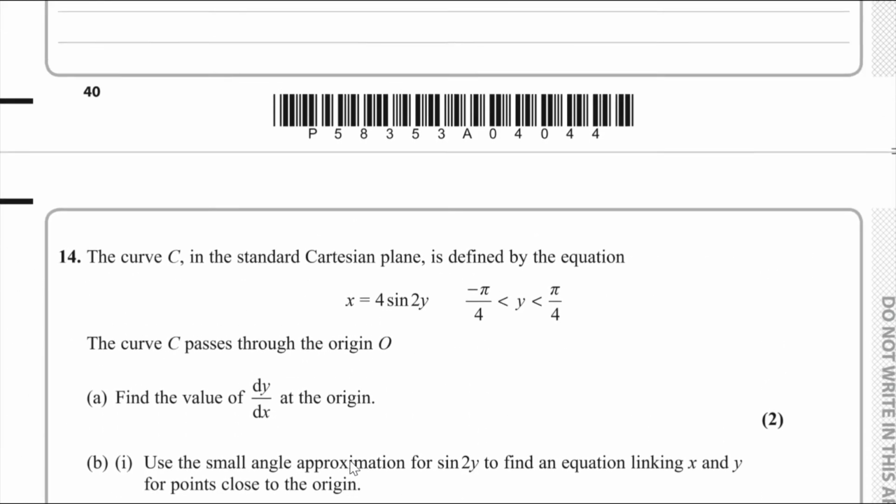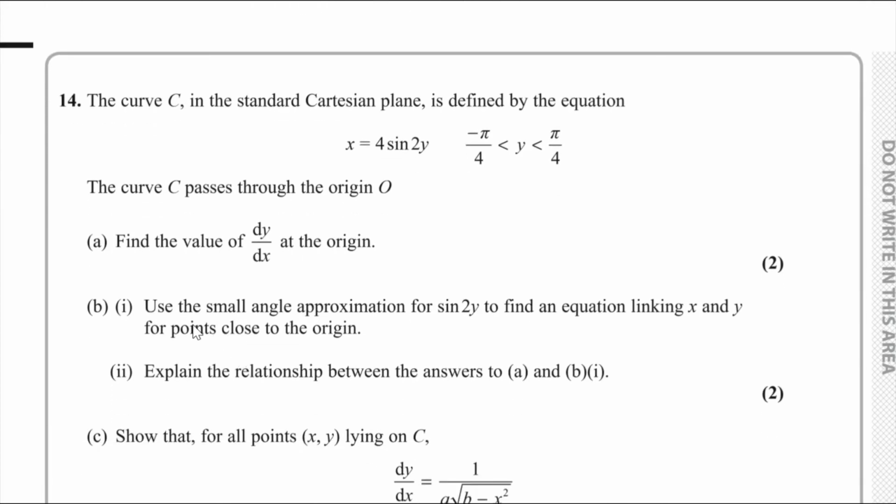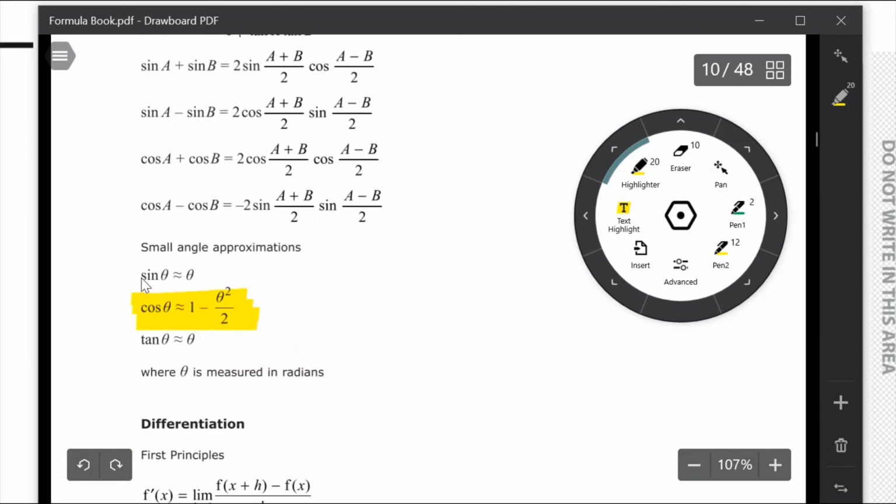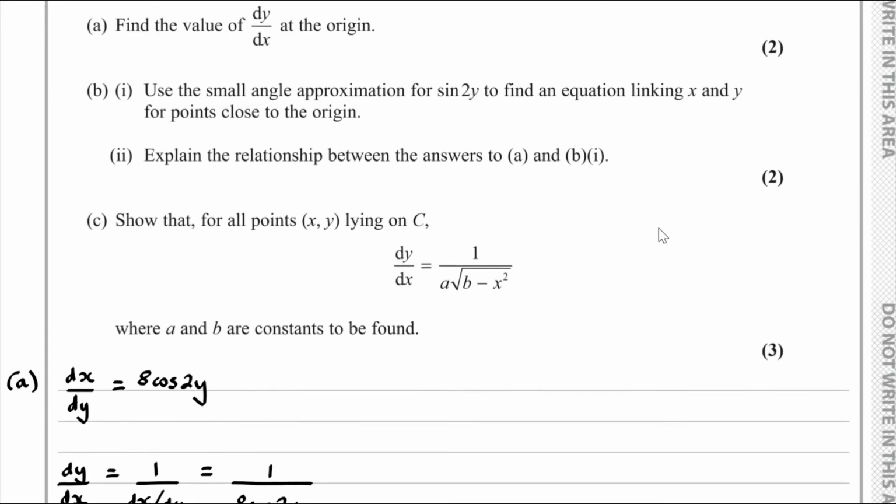And next, we have to use the small angle approximation for sine of 2y to find an equation linking x and y for points close to the origin. So for our small angle approximations, we would use sine of theta is approximately theta.